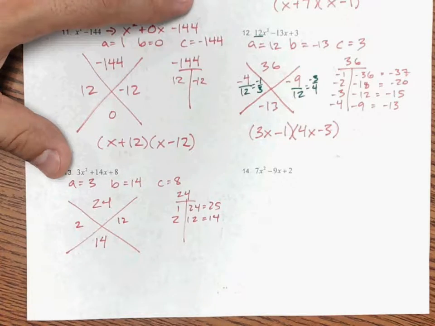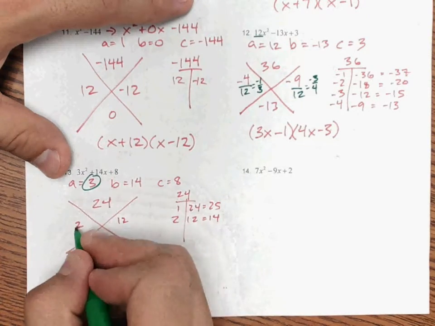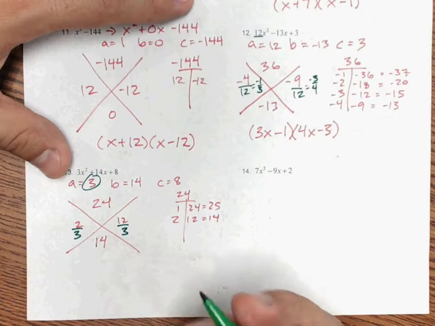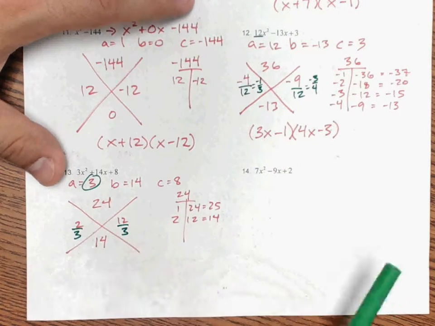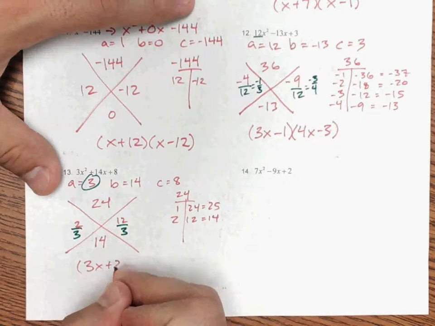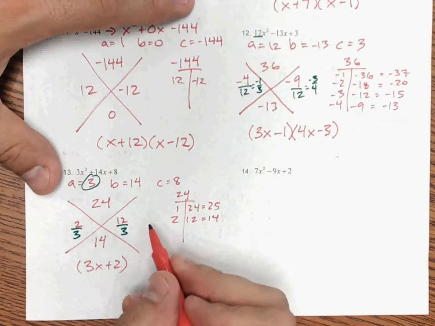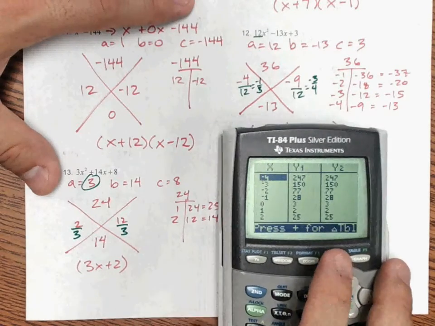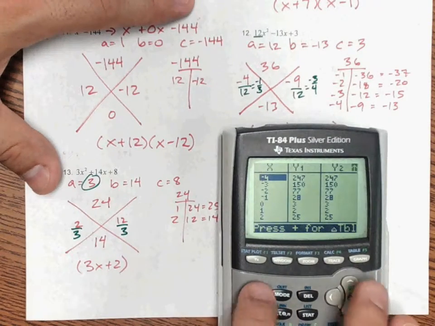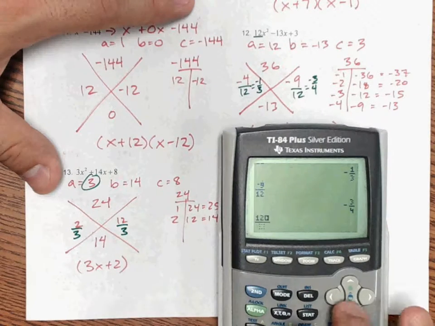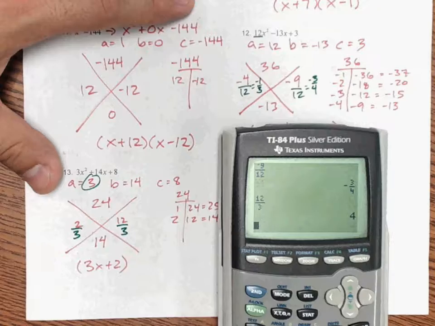Okay, we're going to go bottoms up, which means taking this value and putting it underneath. And then reduce it if we can. Now 2/3 does not reduce. So that's going to be one of my factors, 3x plus 2, bottoms up. 12 over 3 does reduce. 12 over 3 reduces to 4.